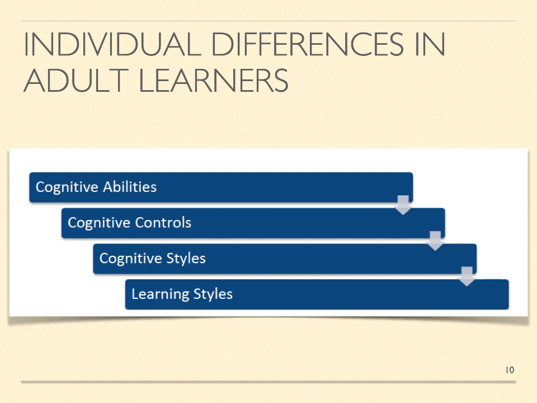Field independent versus dependent learners, very simply defined. Field independent, this is again under cognitive controls, is the ability to learn information independently of external cues. So, for example, field independent learners prefer situations in which they have to figure out the underlying organization of information, like transferring knowledge.